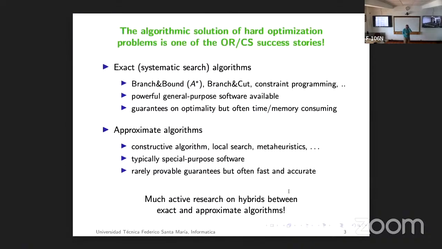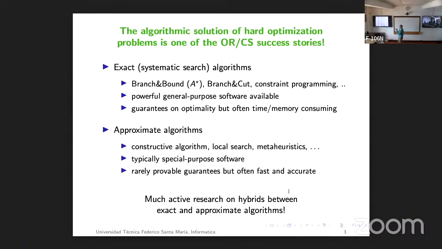And what one has to say is that the algorithmic solution of optimization problems is one of the operations research and computer science success stories. Yeah? We have exact algorithms and approximate algorithms. So exact or systematic search algorithms are branch and bound, branch and cut, constraint programming, and so on and so on.